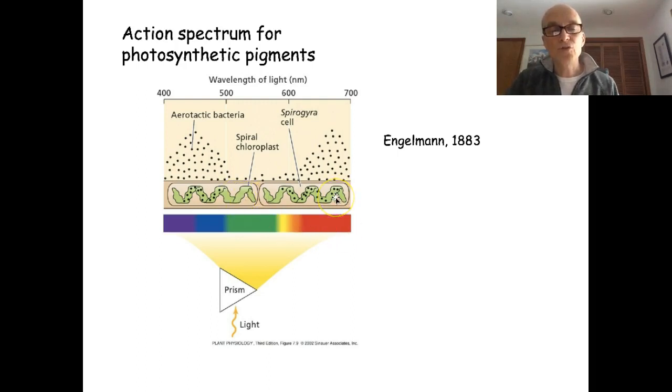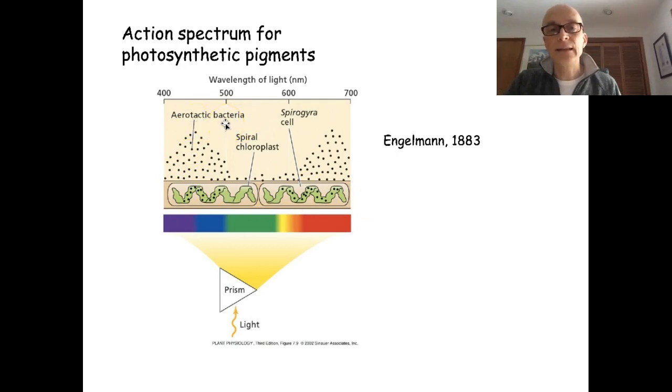He strung these Spirogyra algae along the different light colors. And since these algae, as we now know, produce oxygen during photosynthesis, he wanted to know what wavelengths were particularly effective. And so he inoculated this alga with aerotactic bacteria.